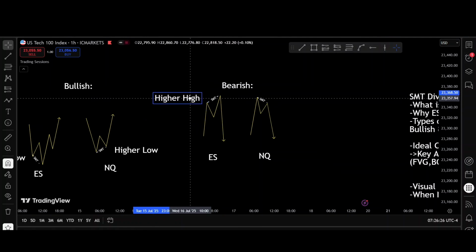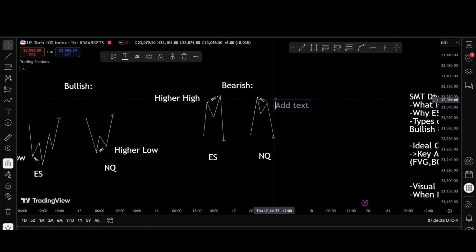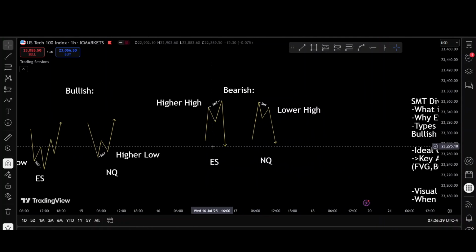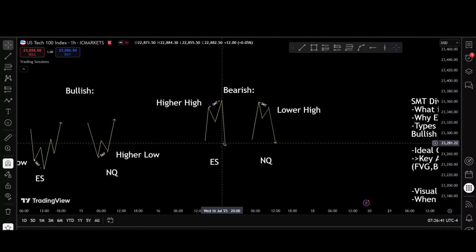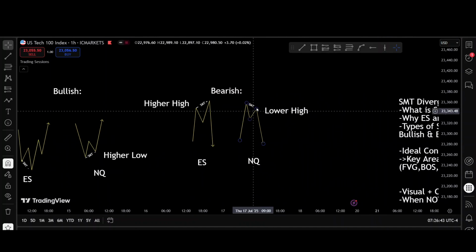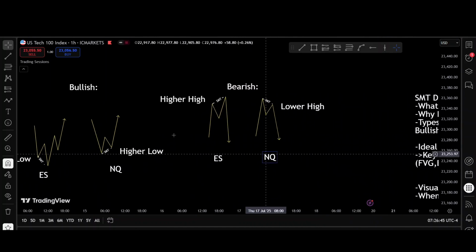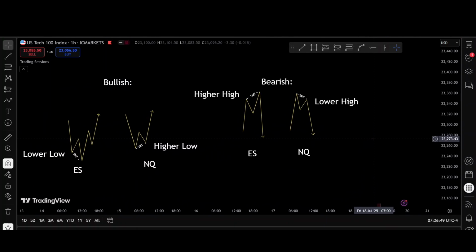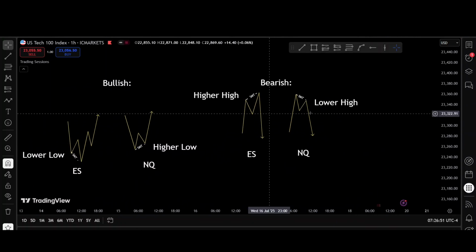ES made the higher high, and NQ made the lower high. So the lagging index is ES because it made the higher high, while NQ already made a lower high. Alright, it's not that hard once you get used to it and you can recognize them.